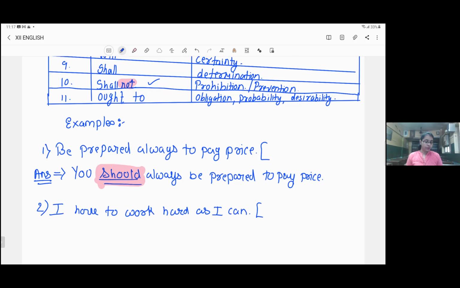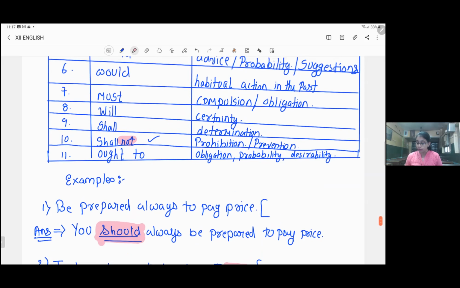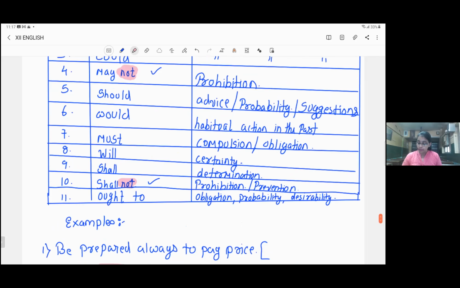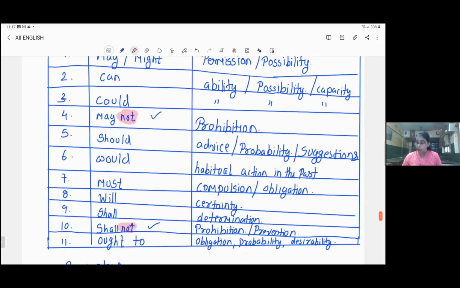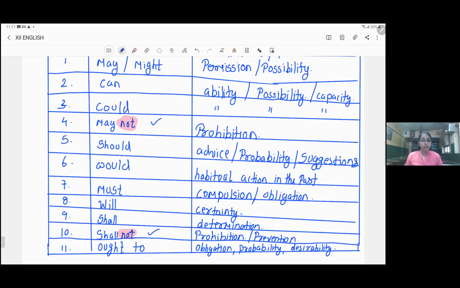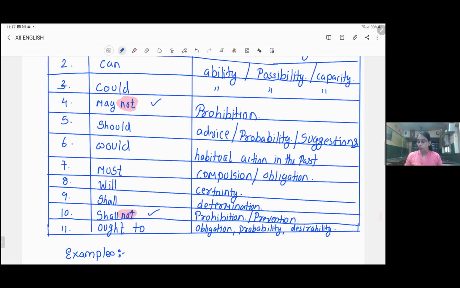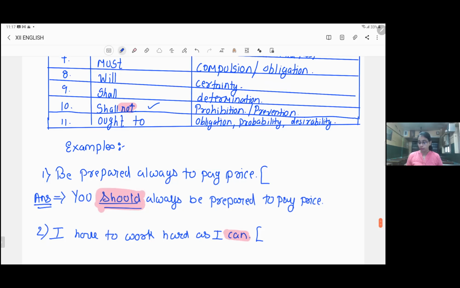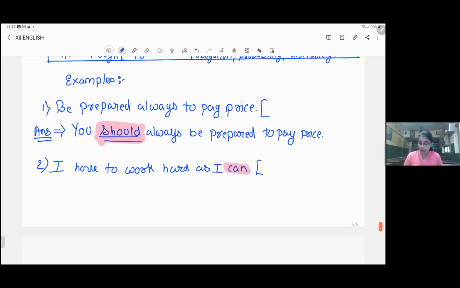Here the modal auxiliary given in the question is can. Can is giving me the function of what? Ability, possibility and capacity. Right? Now you all have to change it with obligation.